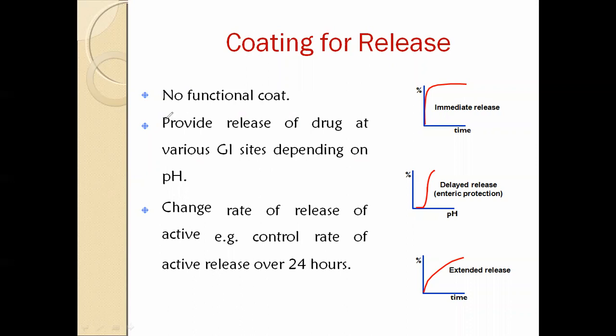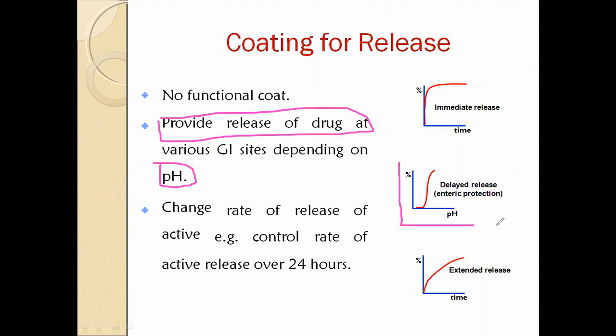Now, when you provide a release of drug at various GI sites depending on the pH, the release pattern which you get will be a delayed release pattern for the drug. And this is achieved with the help of a special type of coating that is called enteric coating, where we use certain polymers such as CAP, that is cellulose acetate phthalate.